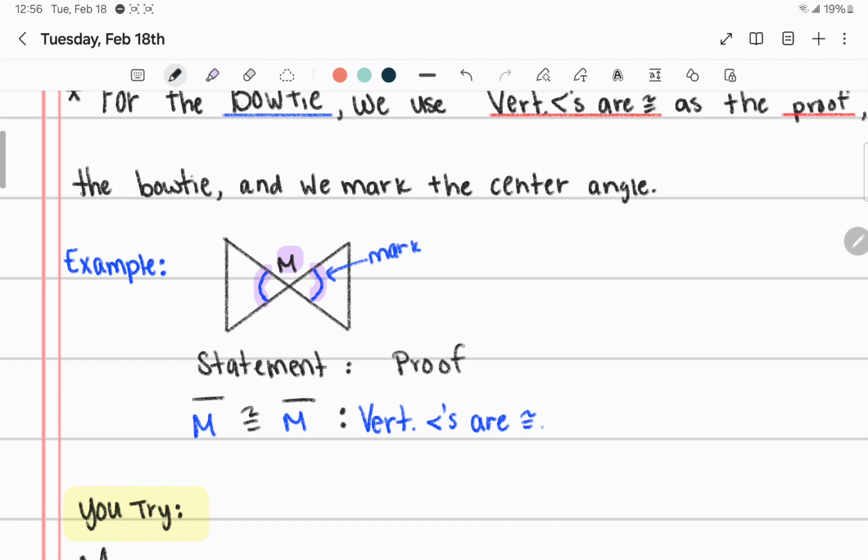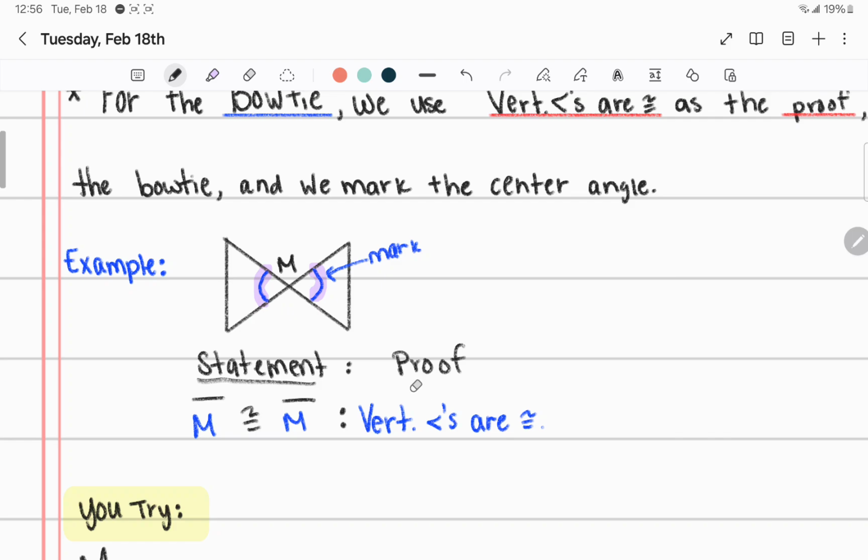That letter that is in the center will be my statement. M is congruent to M. So again, it repeats the same letter. If this is an A, then this would be A. If this was an X, this would be XX. And then you have to write on the other side, vertical angles are congruent. As soon as you see bow tie shape, this will be your proof, and your statement will be whatever letter is there 2 times.